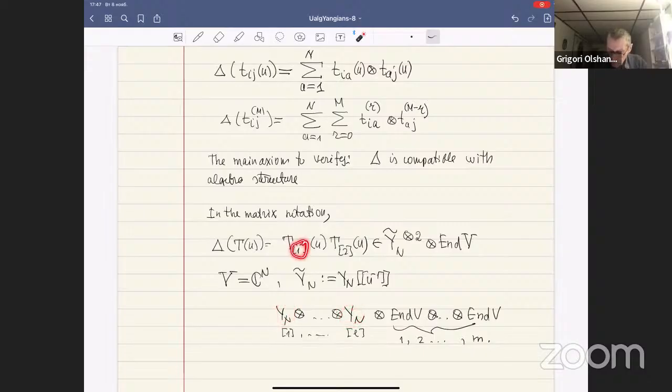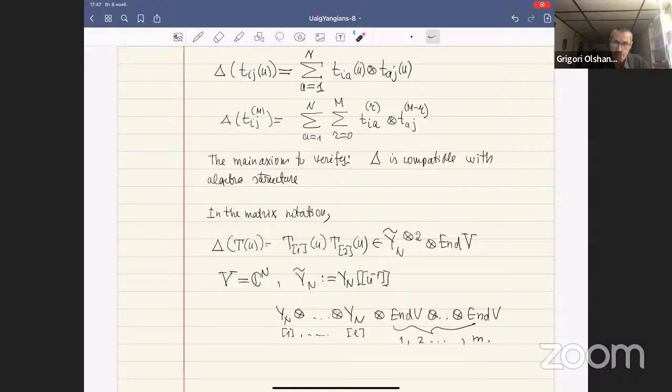So this notation corresponds to this picture where L is equal to 2 and M is equal to 1. And this is the definition, the same definition as the initial one.